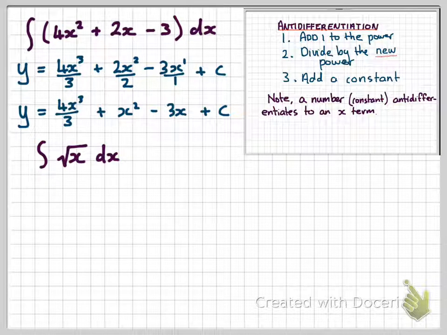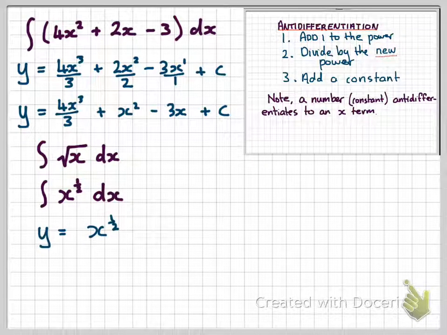How about integrating the square root of x? Well, we'd have to change that first, wouldn't we? To x to the half. Write it out, y equals x to the half, add 1 to the power. Now we don't normally divide by 1.5, so I'm going to change that to an improper fraction, 3 over 2, and divide by 3 over 2.